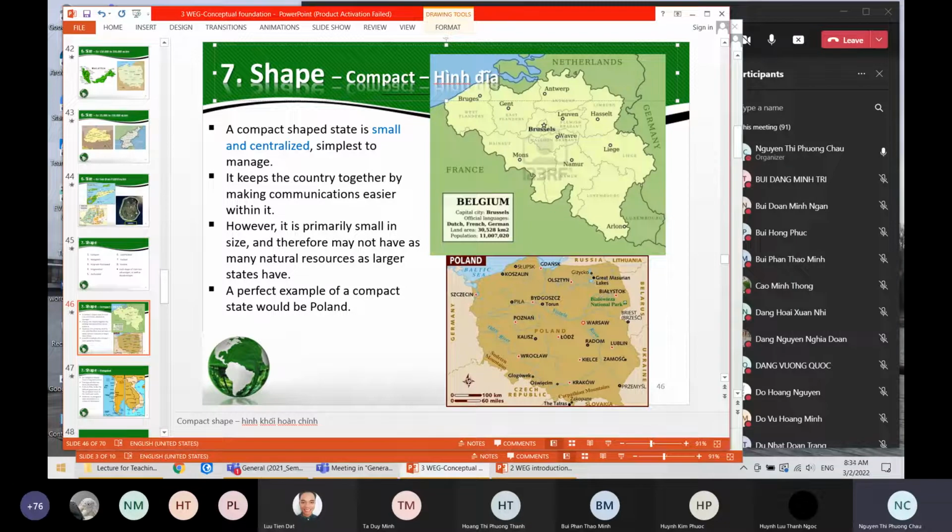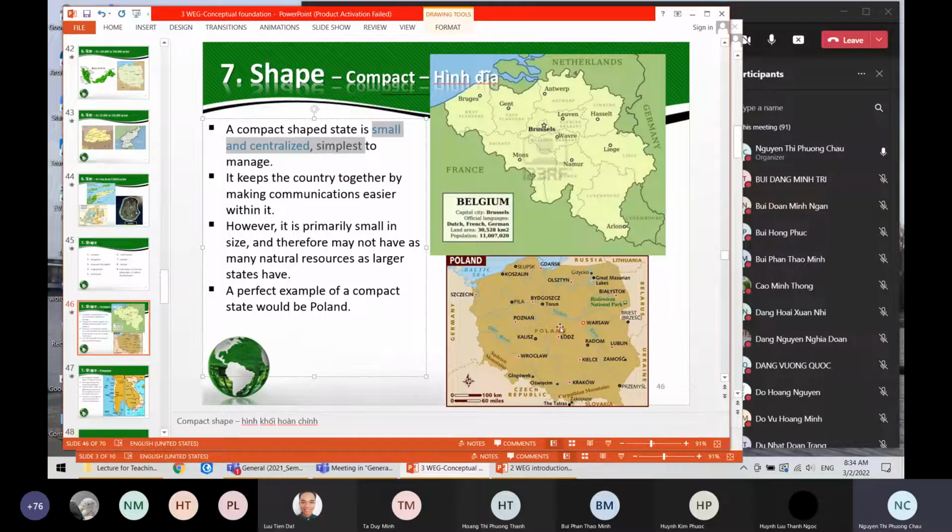Yeah, this is like a compact disc, and it seems like a very small size. But we can see it looks like a cookie. Okay, we will discuss that a bit later. The characteristic of this shape of nation is small and centralized.